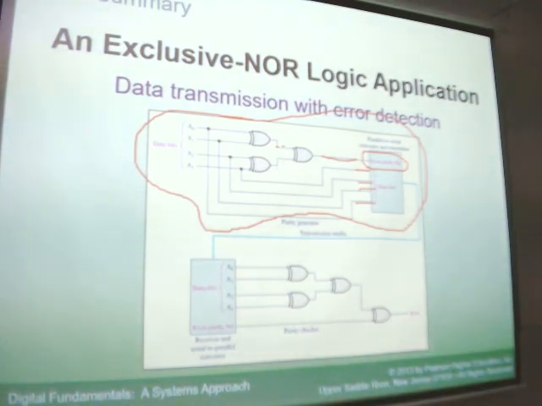If there are an even number of ones in the 4 bits of data, then the output is 1.